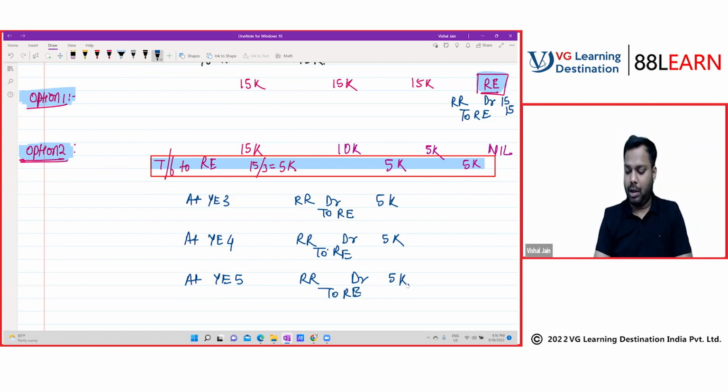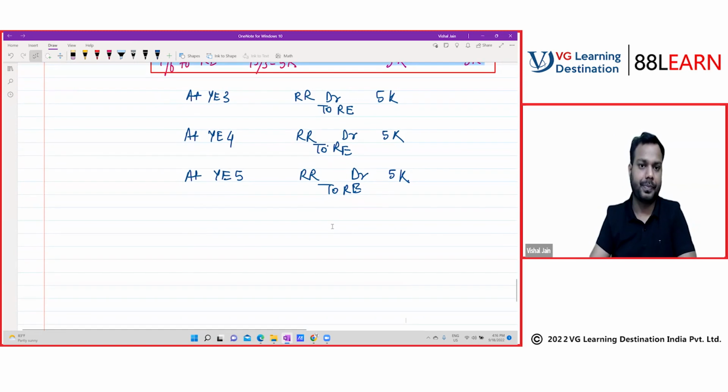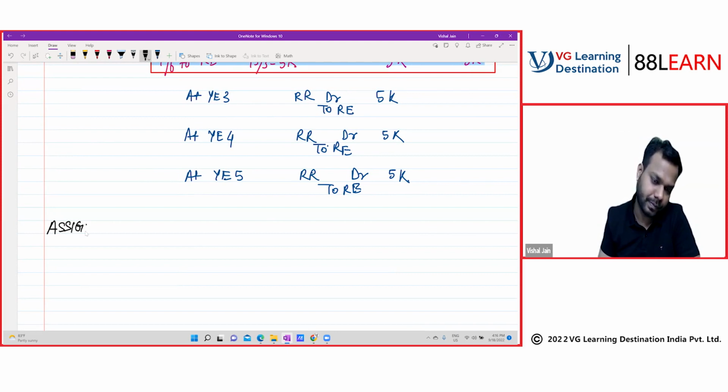Now, assignments. You have to revise the notes. You have to revise the BPP workbook.